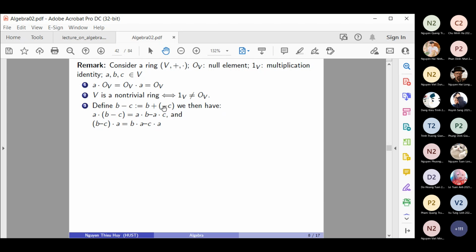This is the definition of subtraction. Then you have the distributive property for subtraction as well. Let me prove at least one of them. I prove the first one, and the other proof is convenient for you. When I prove the first one, you will see it's a little bit strange and interesting.